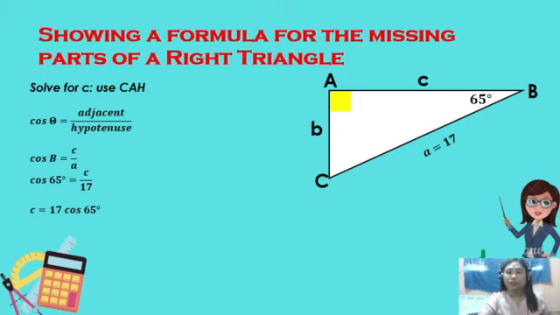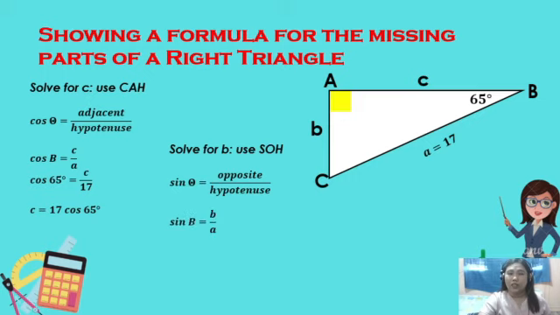Okay? Next, solve for side B. Because side B is the opposite side of angle B and our hypotenuse of 17 is also given, to solve for side B, we need to use SOH. So, sine theta is equal to opposite side over the hypotenuse.